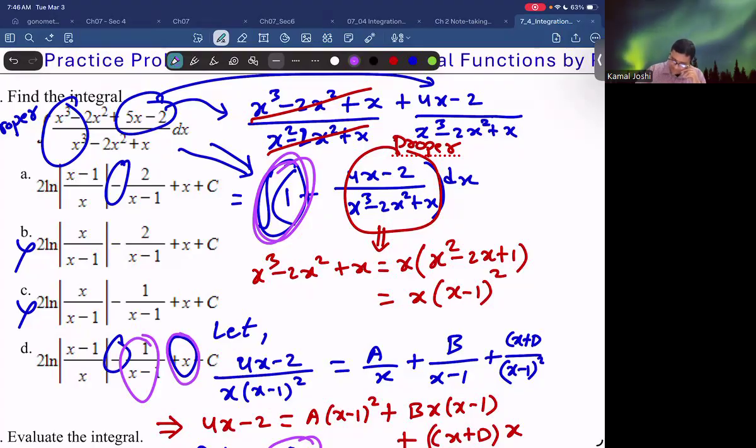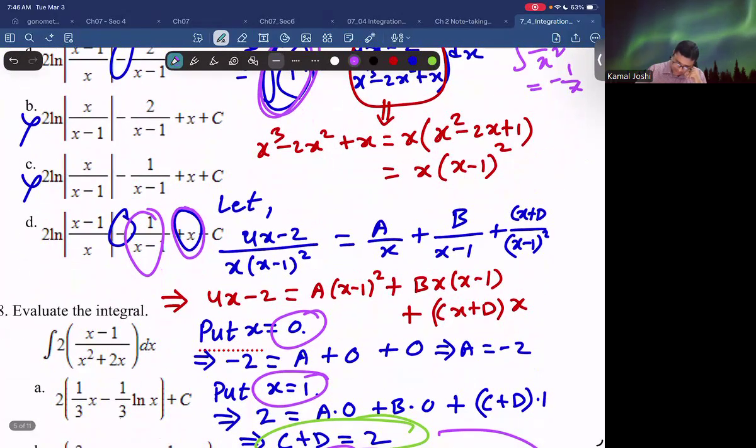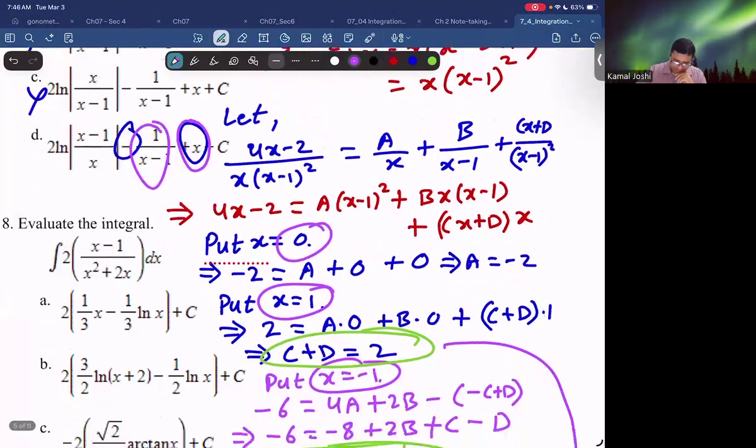You get the integral of 1 over x squared is what? Minus 1 over x, right? That's where it comes from. Okay. So it looks like C has to be 0 and D has to be 1 or something similar to that.